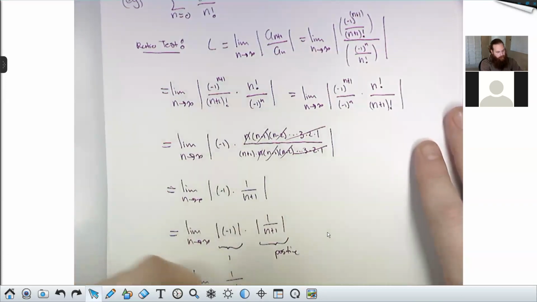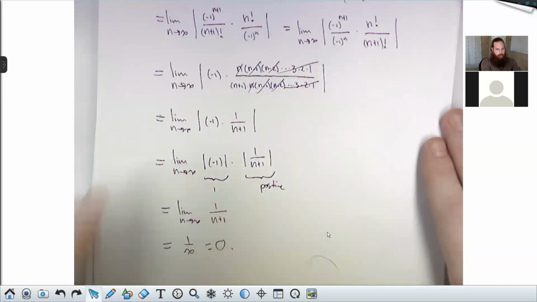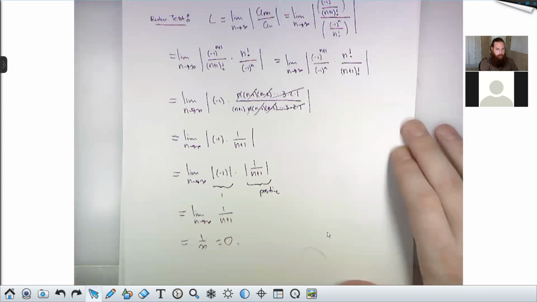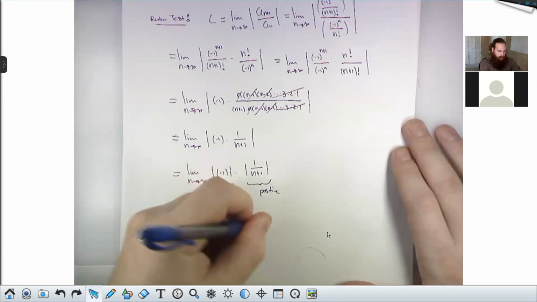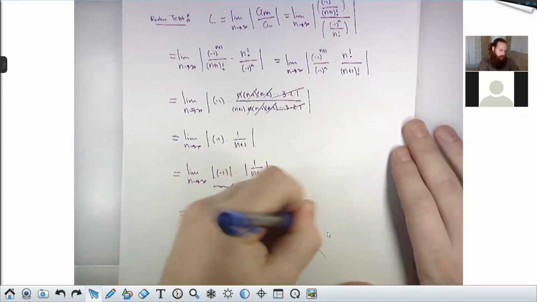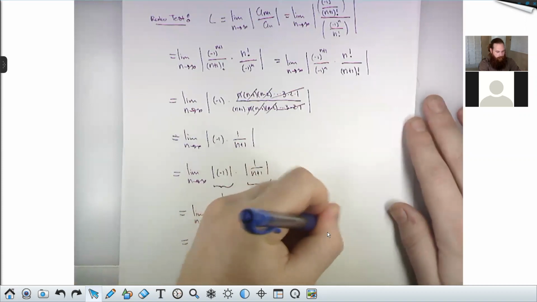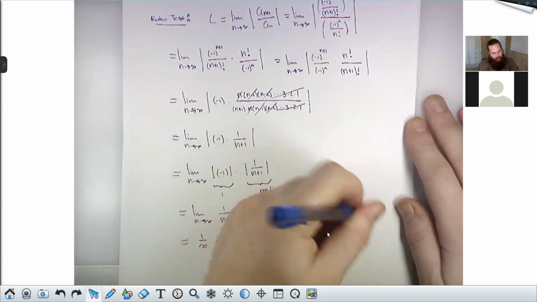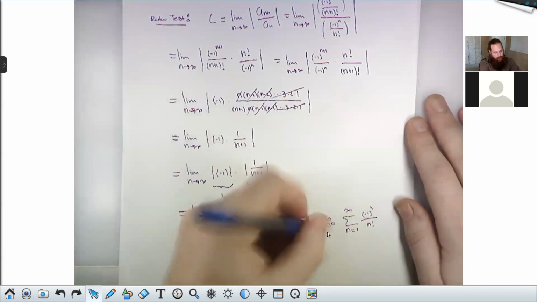That's 1 over infinity, that's 0. So L is equal to 0, which is less than 1. Therefore, my series converges absolutely.